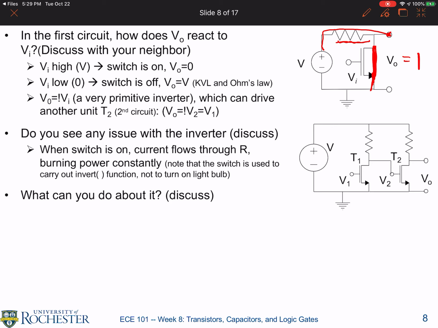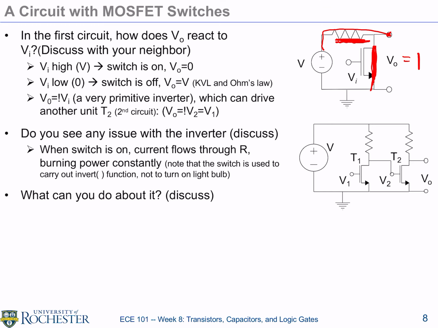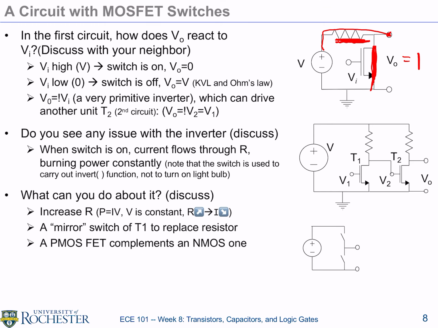So basically when this switch is on, we want to make sure we limit the current over there. What else does that for you? The answer is it's a switch. If this is on, we can have something over here that acts like a switch that is off, then we did our job. So that is really what we can do: have two switches, except let them work in the opposite way.